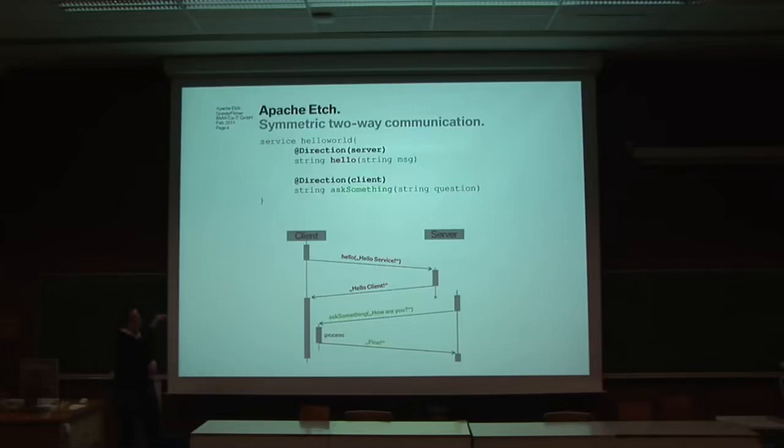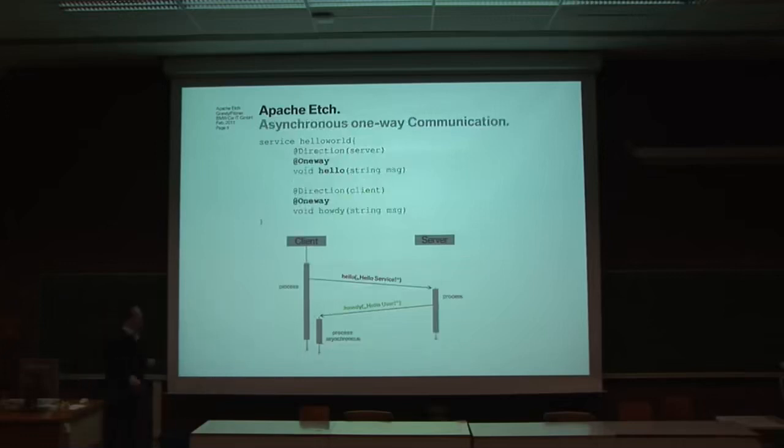In the end, this will look like this on the wire: you have the client and the server, and you say hello to the server, and the server says hello to the client. And in a completely different thread, for example, you could say ask something to the client, and exactly the same things are happening on the client side. So this is really symmetric and makes it really convenient and easy to use. It's especially good if you have interactive applications that require you to communicate in both ways.